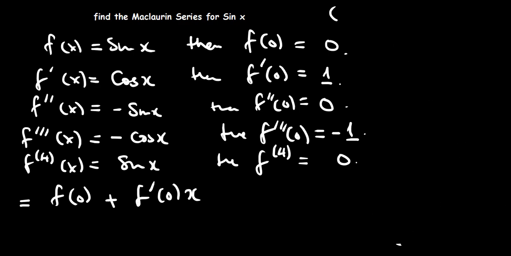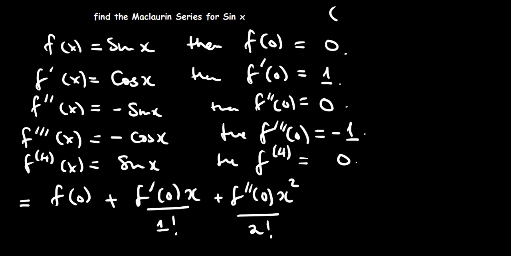It's going to be f prime of 0 x divided over 1 factorial. Then you have plus f double prime of 0, that will be x squared divided by 2 factorial, because we're evaluating it at a equal to 0.